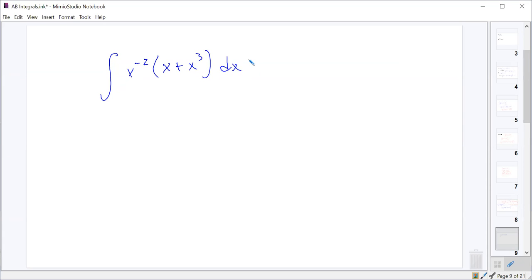What would you do first? Distribute. Okay, distribute it out, which would give us an integral of x to the -1 plus x to the first, dx.